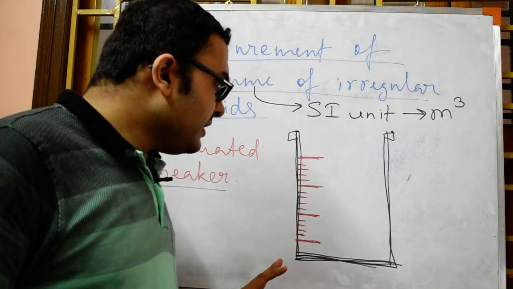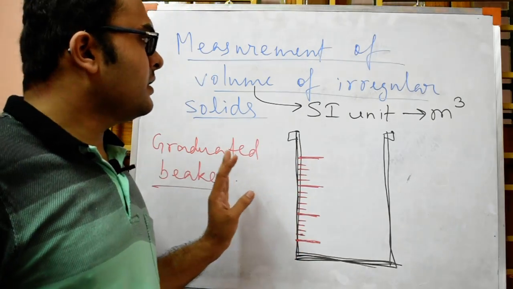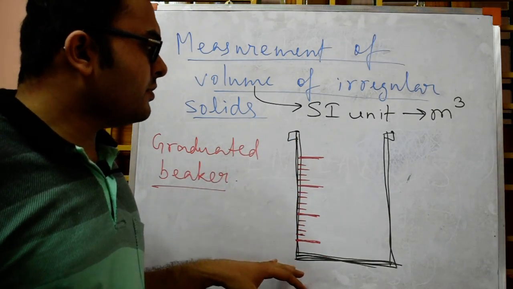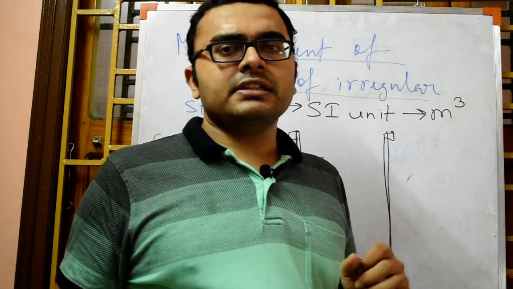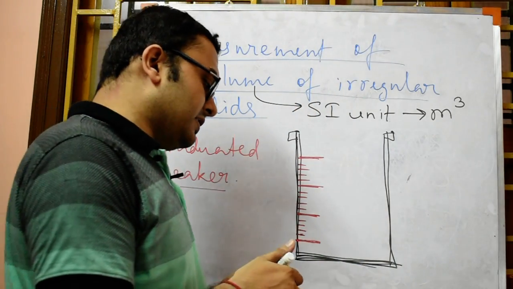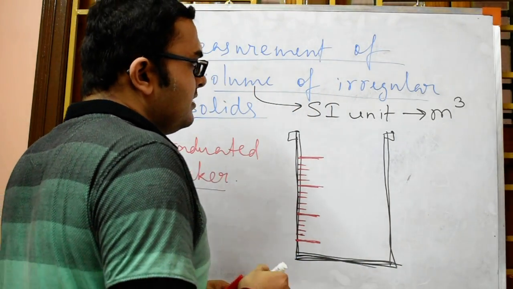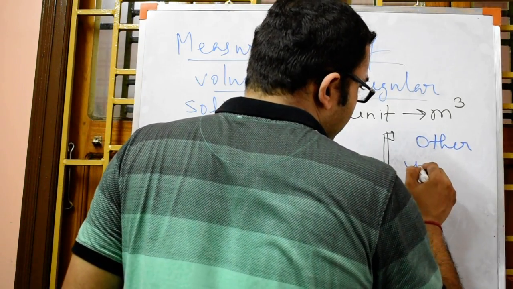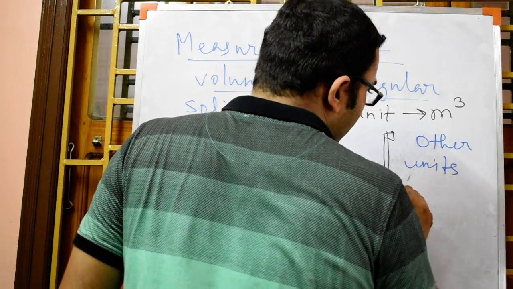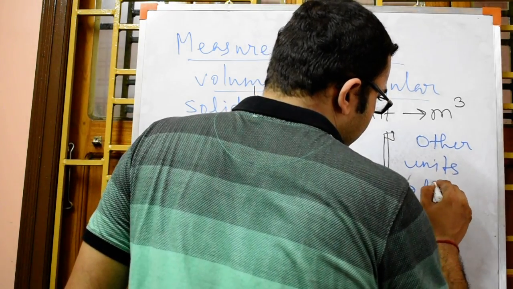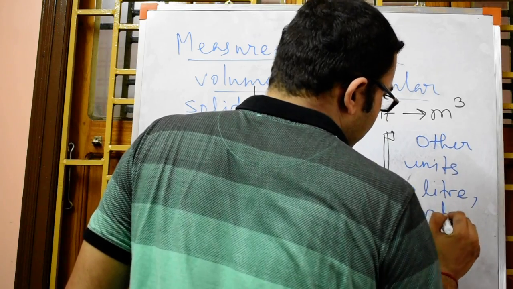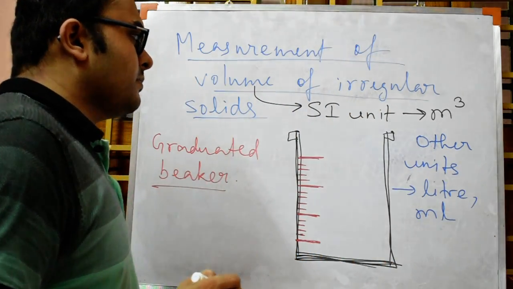So besides meter cube being the SI unit of volume, we can also use some other units of volume such as milliliter or liter. So I am just writing it here, other units that we can use to measure the volume. Maybe it's liter, or milliliter. So these units can also be used to determine the volume.